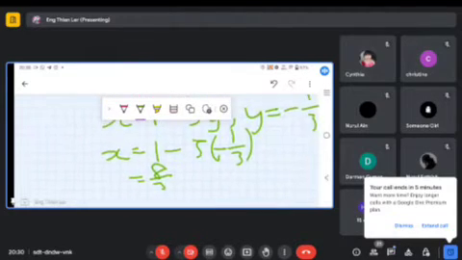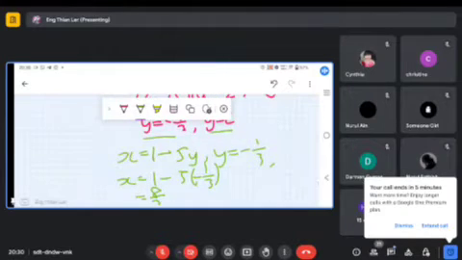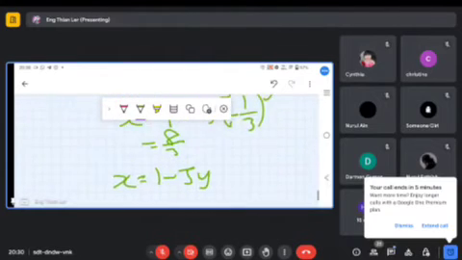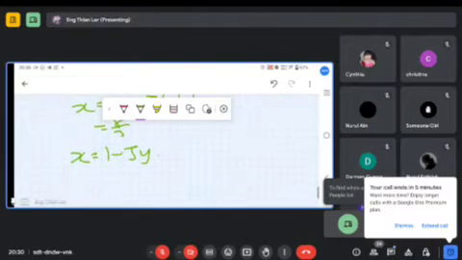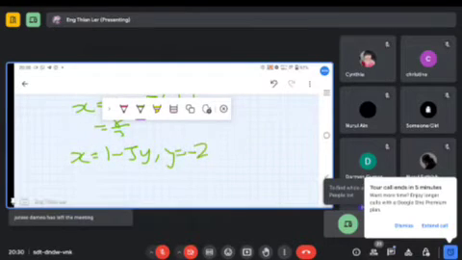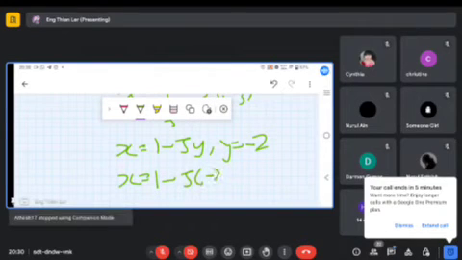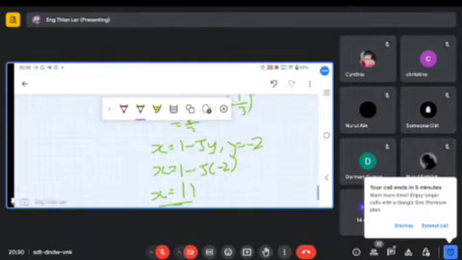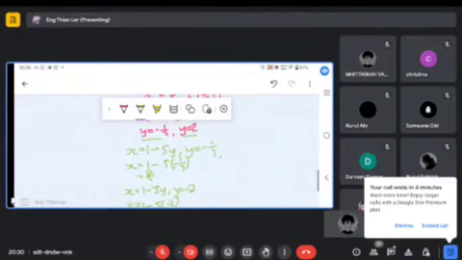So this will be our first solution. For our second one, we will substitute negative 2 for y. So x equal to 1 minus 5y, and y equal to negative 2, so x will be equal to 1 minus 5 times negative 2, and x will be equal to 11. So now we have two solutions, two values of x and y.